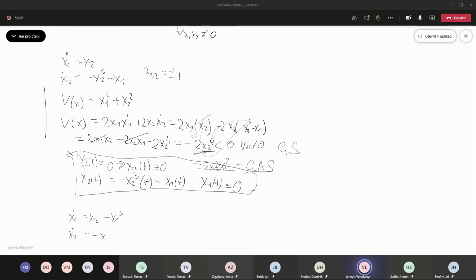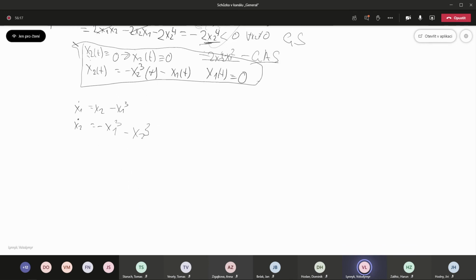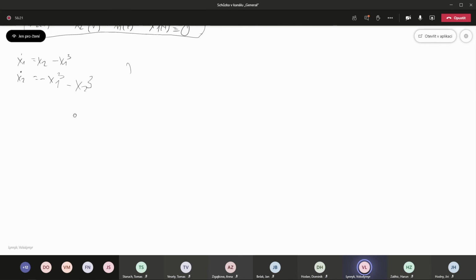Okay, and the second: x1 dot equals x2 minus x1 cubed, and x2 dot equals minus x1 minus x2 cubed. Here the equilibrium is x1, x2 equal to 0, and we can say nothing from the first Lyapunov method, so let's apply the second Lyapunov method and prove the stability.